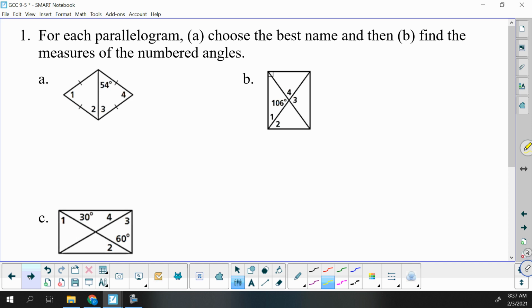So let's find the measured angles first. We've got these markings here, so these are each isosceles triangles. So let's list out angle 1, angle 2, angle 3, and angle 4. Because it's isosceles, the base angles should be congruent. So we know angle 3 has to be 54.